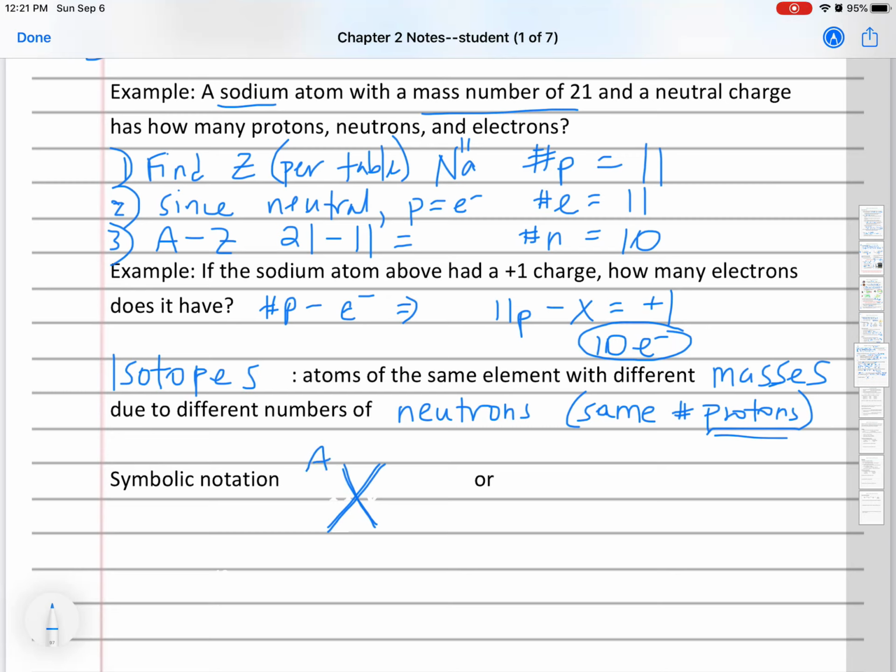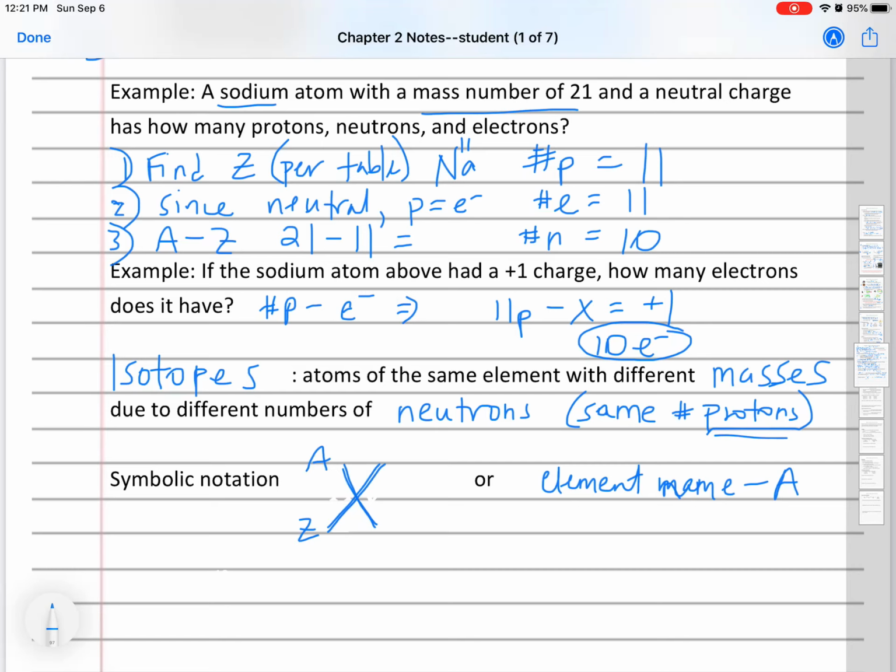And then the mass number is on the top left as a superscript, and the atomic number is on the bottom left as a subscript. Another way to represent them is just to say the element name with a dash and the mass number.